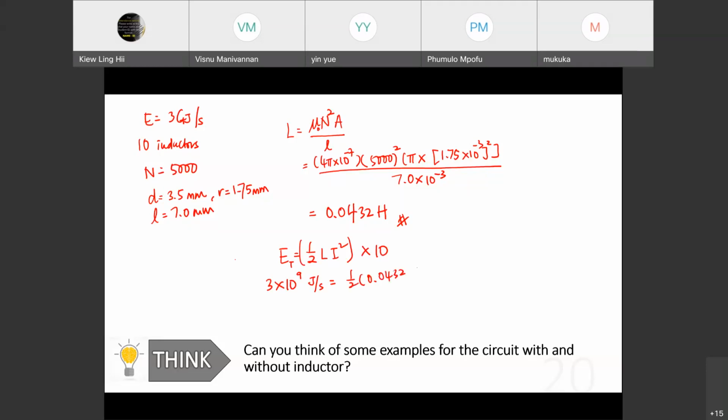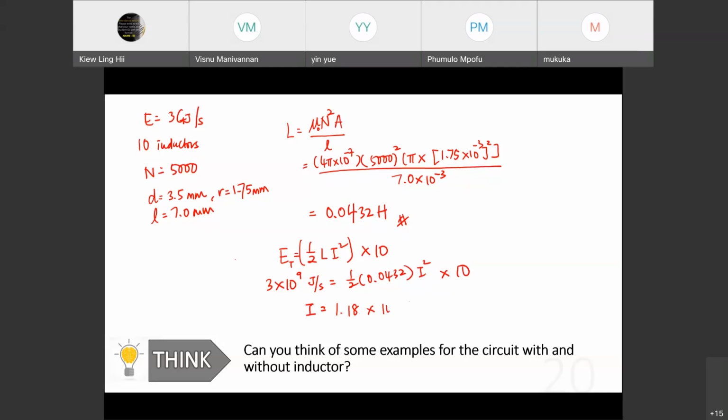Find the value of I. We get 1.18 times 10 to the power of 5 ampere.